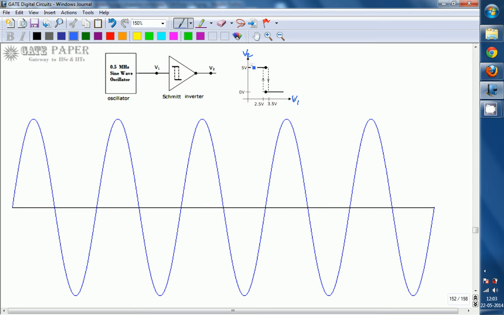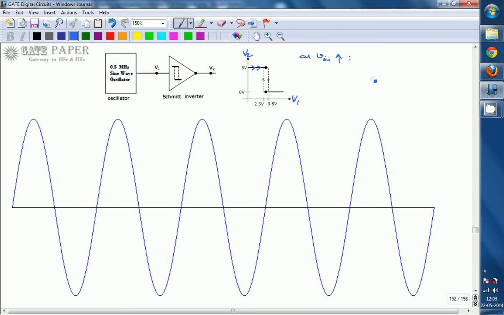If you check this, as V input is increasing, that is along the x-axis, moving from 0 towards higher values, V1 is the input of the Schmitt trigger.